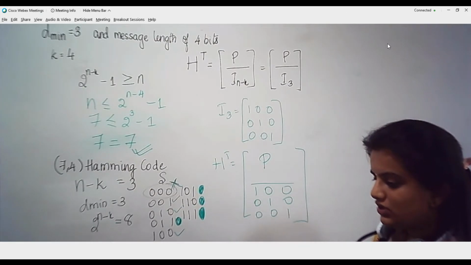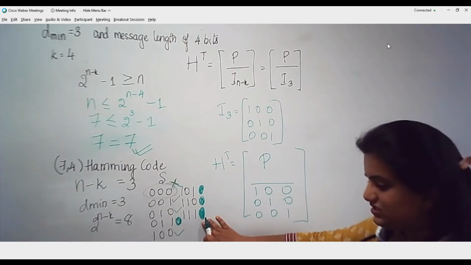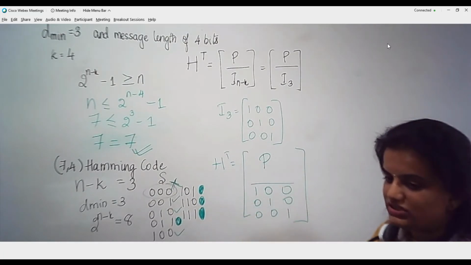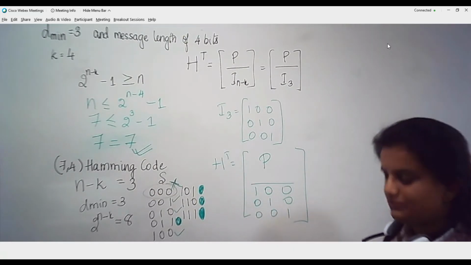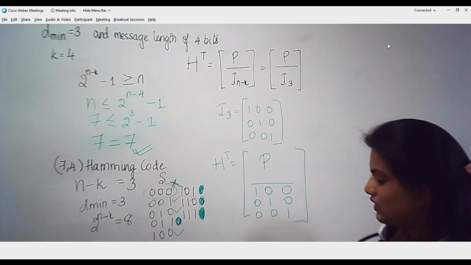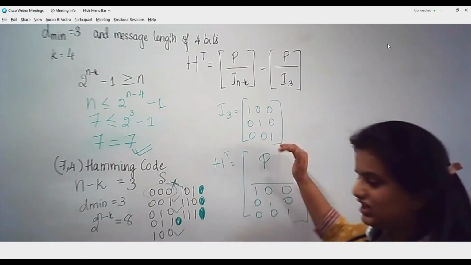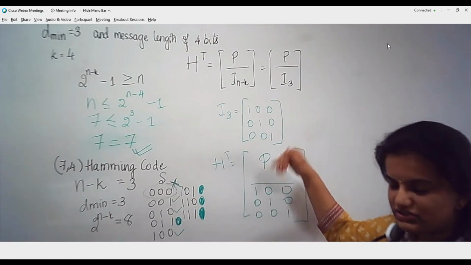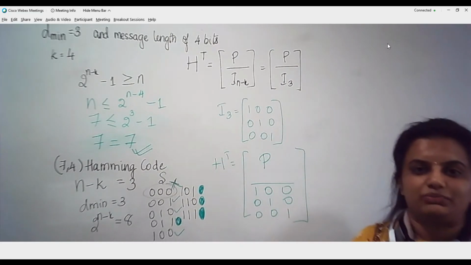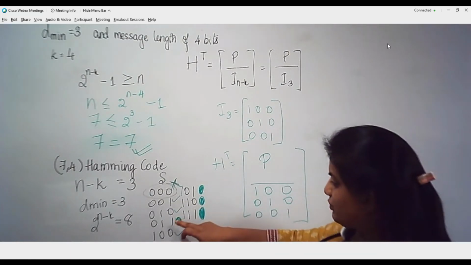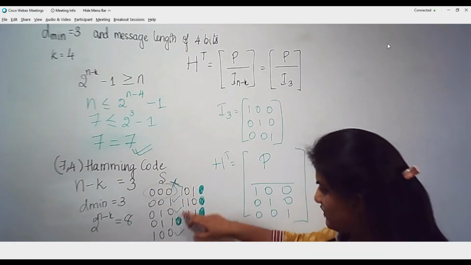Okay, so keeping this in mind, how many different combinations are possible, can anyone tell me? I need to arrange these 4 vectors in different ways. I can arrange them in different ways to achieve different parity matrices. It is not going to be the same. If you put this first, follow the same order.